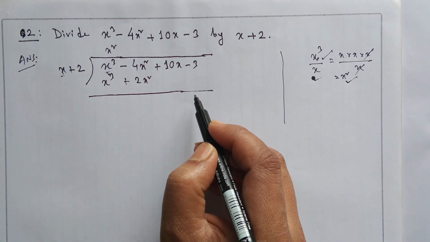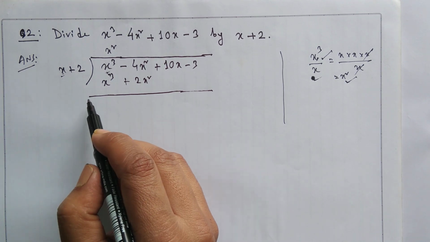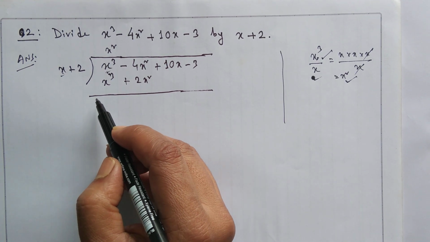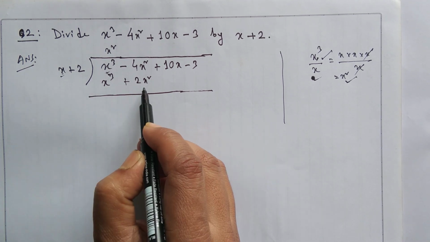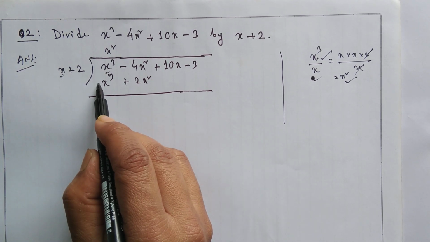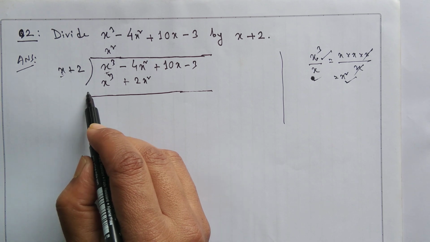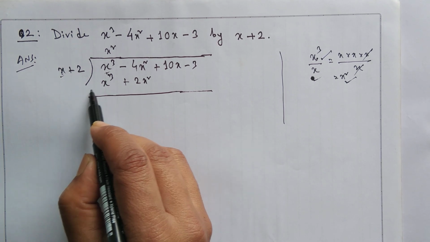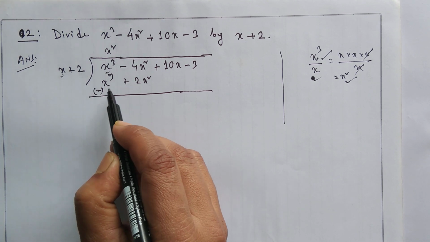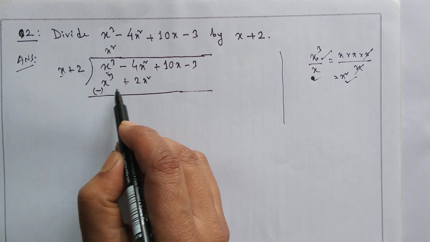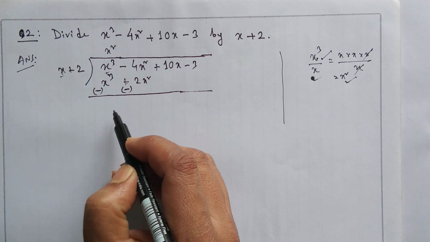Then, as I said already, the next step is like our normal or ordinary division. So what do you have to do now? You have to subtract, by the rule of division. Minus of this plus will become minus, and minus of the other plus will also become minus.